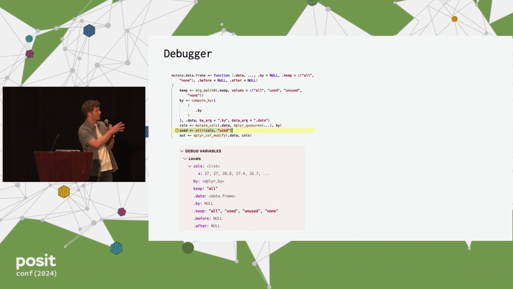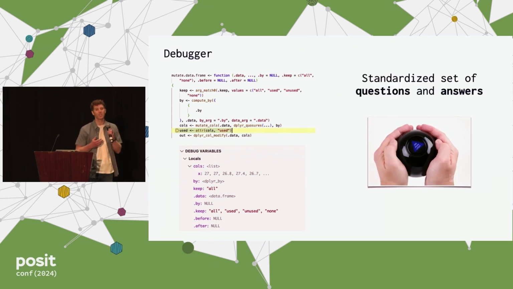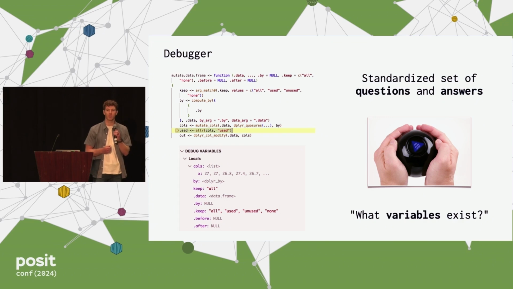In this case, you could use the debug variables pane and see what variables exist at this point in time and what their values are. It probably won't surprise you to hear at this point that we've implemented the debugger through just another set of standard questions and answers. For example, Positron might ask Ark, hey, what variables exist at this point in time?